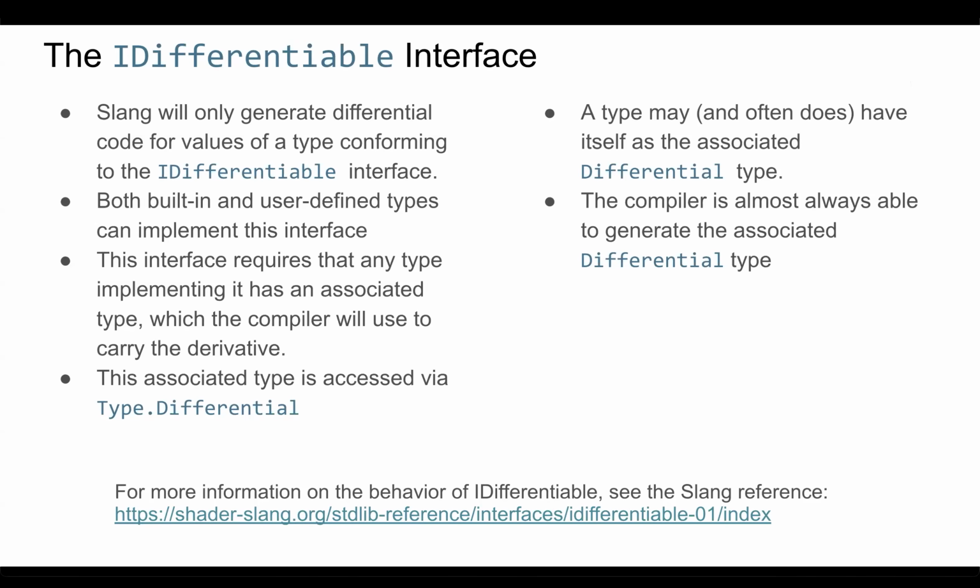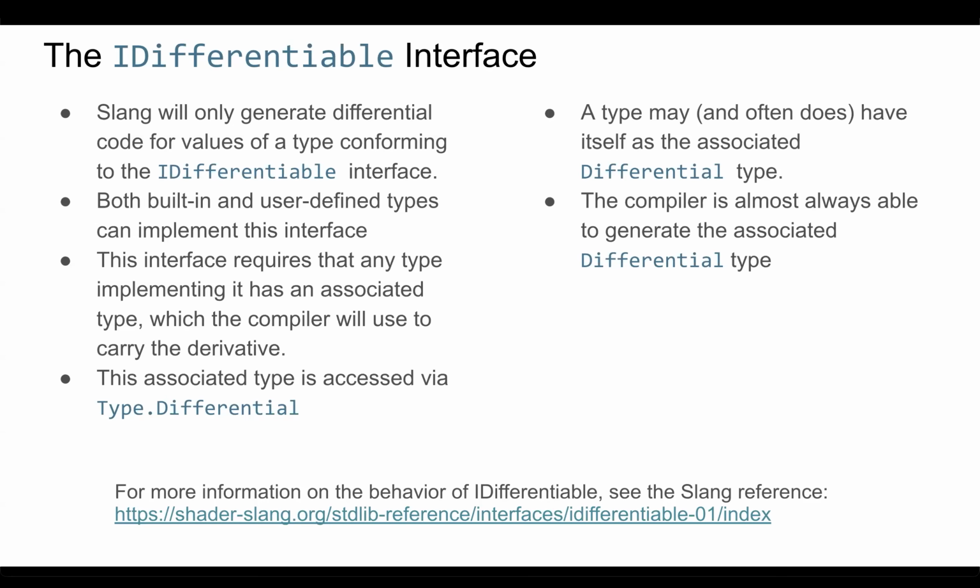The core requirement of the iDifferentiable interface is that every differentiable type has to have an associated differential type. So this associated type is what the compiler uses to hold and manage the derivative values. So in the differential pair, this is going to be the type of the .d member.